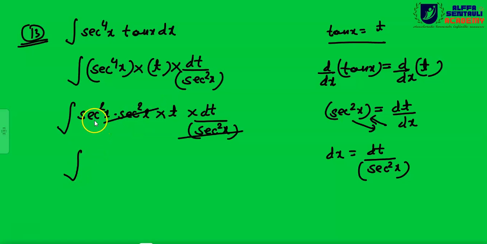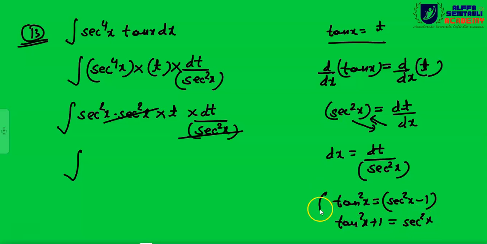Now we know one more identity, that tan square x is equal to sec square x minus 1, correct? So in place of sec square x, I am writing tan square x plus 1, this is equal to sec square x, correct? Why am I writing sec square x in terms of tan x?